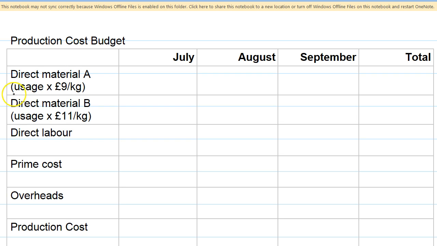It's very important to note that we're going to do usage. It's not what we're going to buy, it's what we're going to use. So we're going to multiply our usage by our price. So for material A, let's just do this one for you.